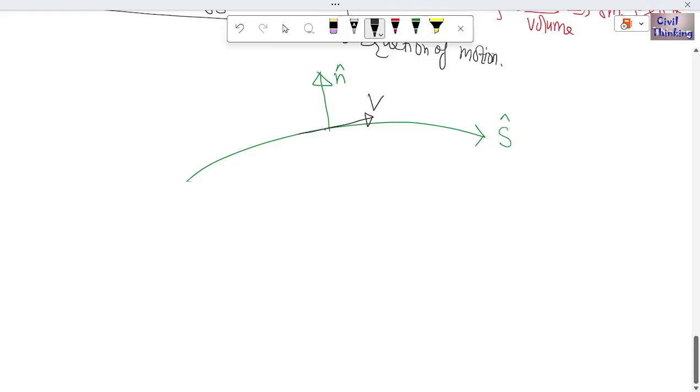Now, we have two accelerations: acceleration along the streamline and acceleration along the normal. Now what is acceleration? Acceleration is the rate of change of velocity, dv by dt. But since it is steady, it should be 0, but no, it is not. I will show you how.